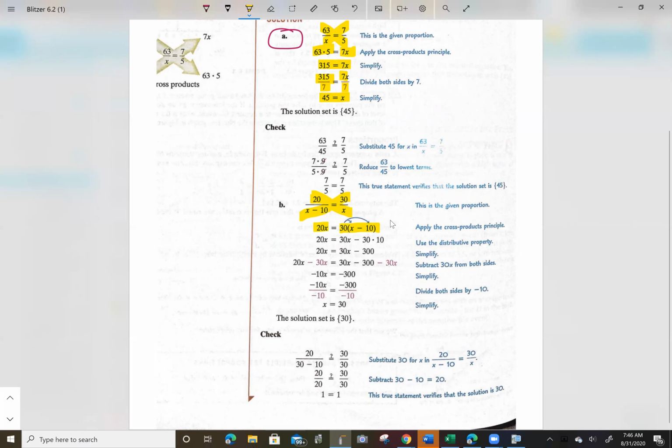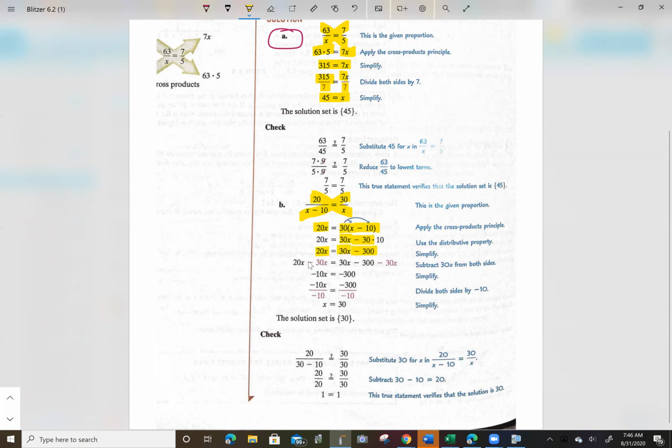You are multiplying that entire denominator by 30, and that is why you have to distribute that 30. So after simplification, 30 times x is 30x, 30 times negative 10 is negative 300. So we get 20x is equal to 30x minus 300.